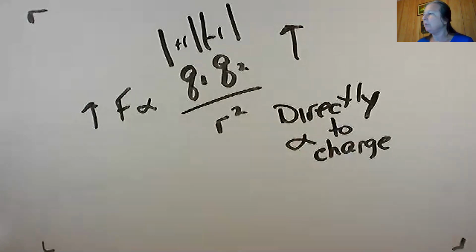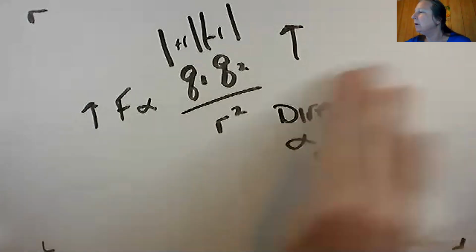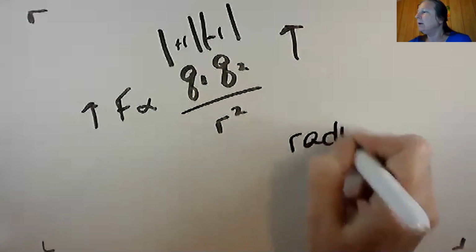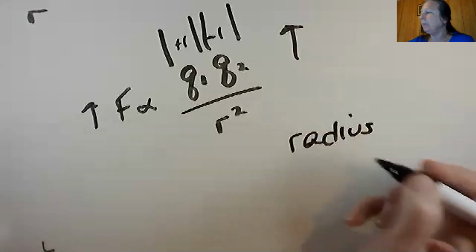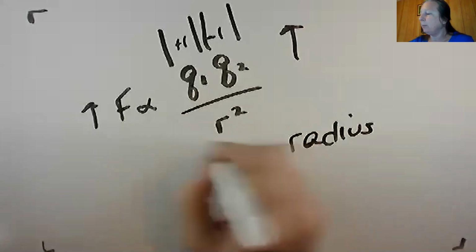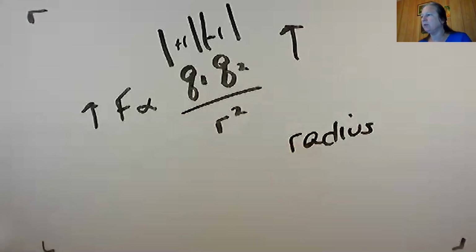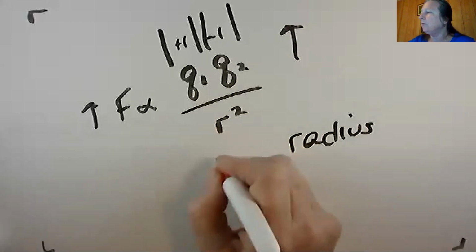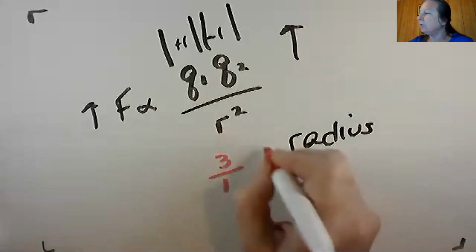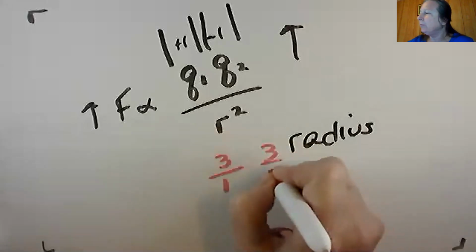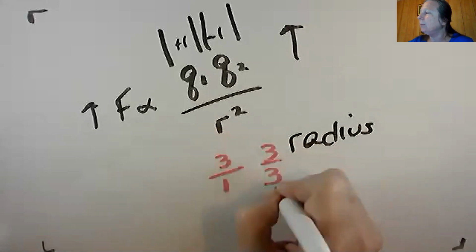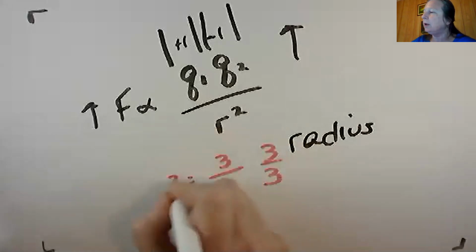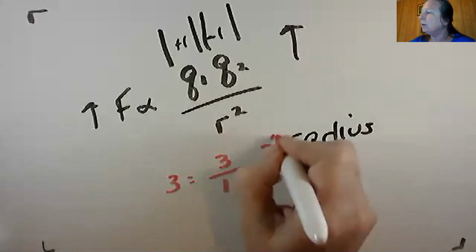But what about the R? R is radius. That's on the bottom. So as R goes up, since it's on the bottom, when you have a fraction, if I have a fraction of 3 over 1 versus 3 over 3, the bigger my bottom number is, the smaller my whole number is. So this equals 3 and this equals 1, right?